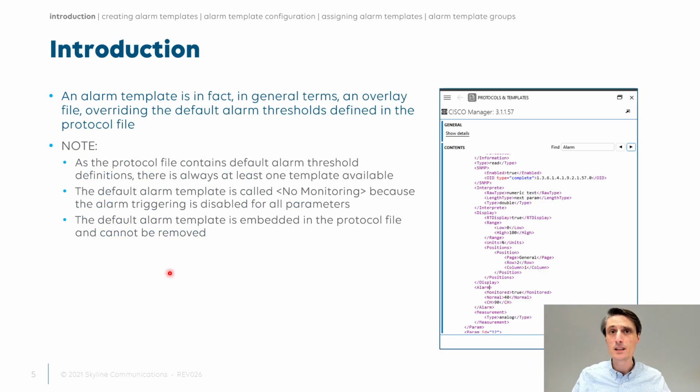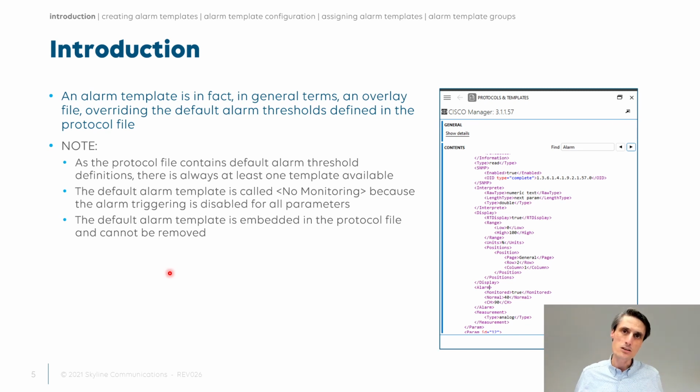Note that an alarm template is basically an XML overlay on top of your driver. We already discussed the drivers, and we said it's good not to touch the drivers because you can then easily upgrade to a newer version. If Skyline provides you with a driver and provides you tomorrow with an upgraded version, then your changes would not be lost.